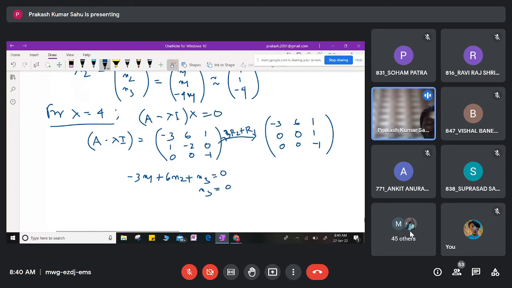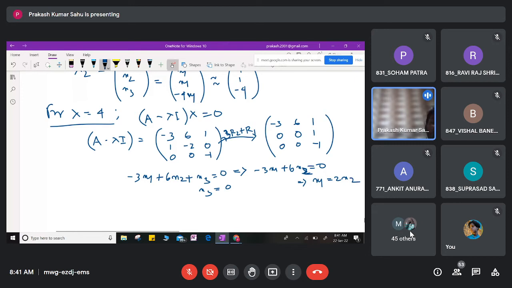Okay, and from the other equation, x3 is equal to 0. If x3 is equal to 0, then from the first equation you will get -3x1 + 6x2 is equal to 0. So that implies your x1 is equal to 2x2.